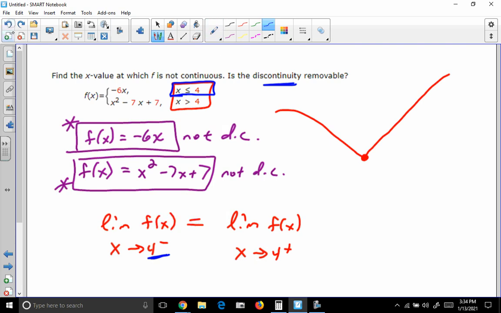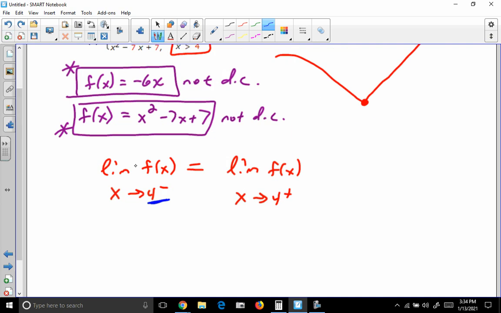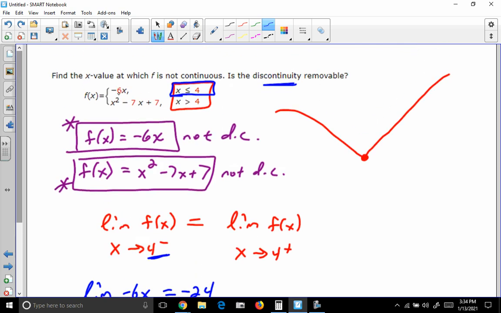So the top one, we're taking the limit of negative 6x as x approaches 4 from the left. If we put a 4 in for x, negative 6 times 4 is negative 24. So for the top function, as x is getting closer and closer to 4, the y value is getting close to negative 24.